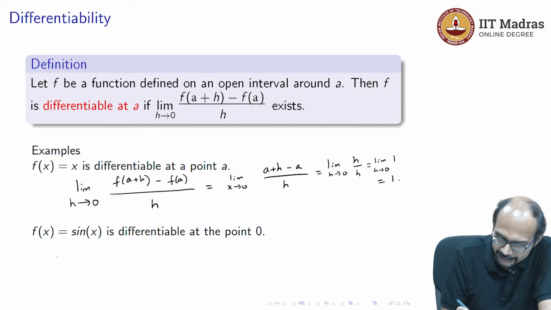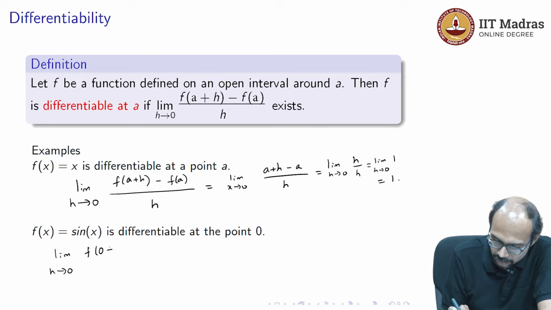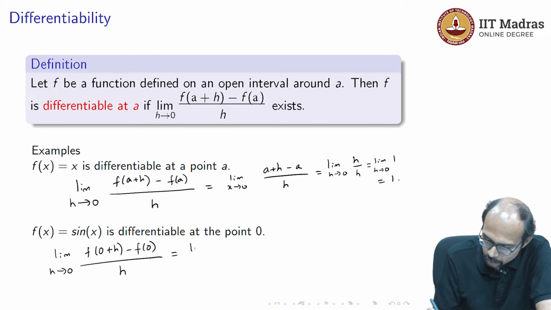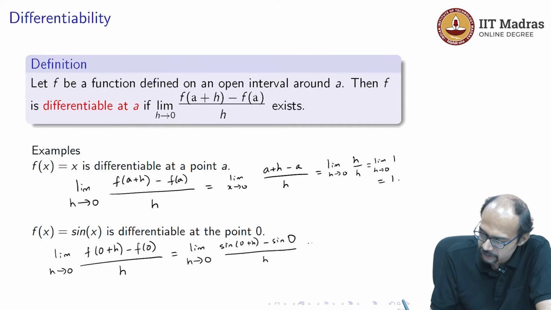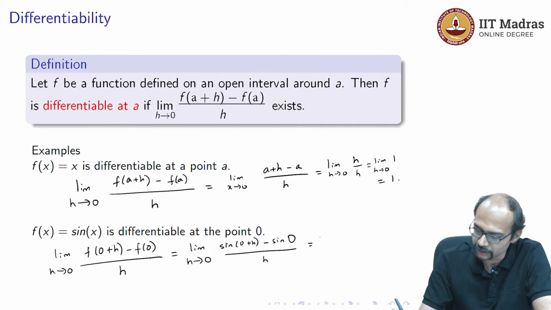Let's look at f of x equals sin x, at the point 0. So this is f of 0 plus h minus f of 0, by h. So this is the limit as h tends to 0 of sin of 0 plus h minus sin of 0, divided by h. Aha, this looks like something familiar.